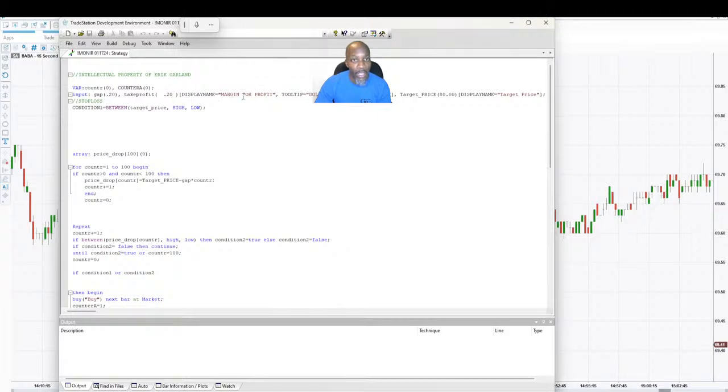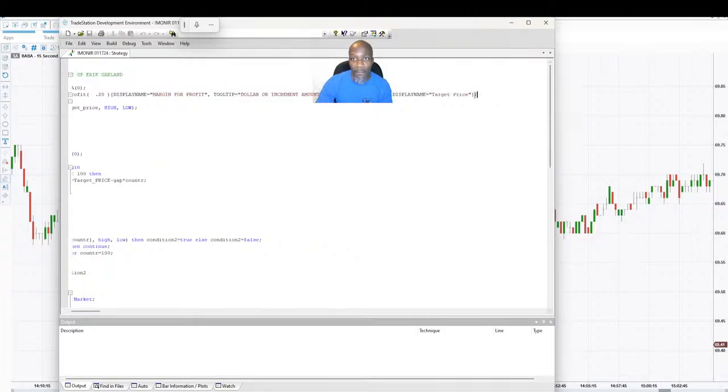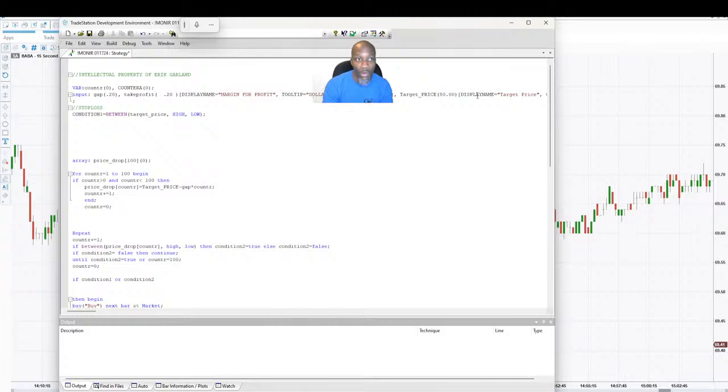Take profit, display name, margin for profit, tooltip, dollar amount, target price, display name, target price, and then it'll be comma, tooltip.